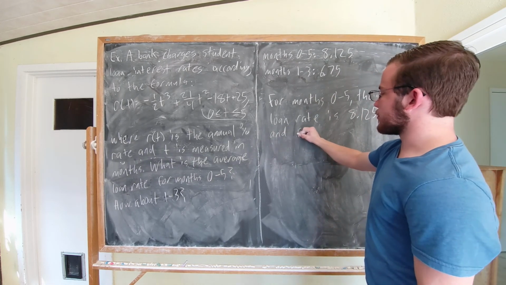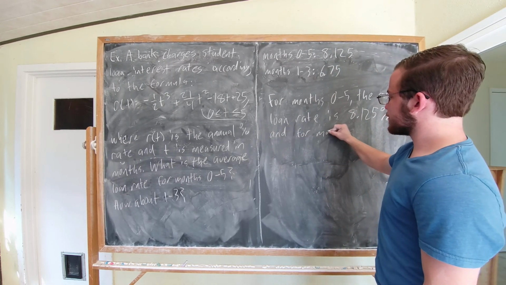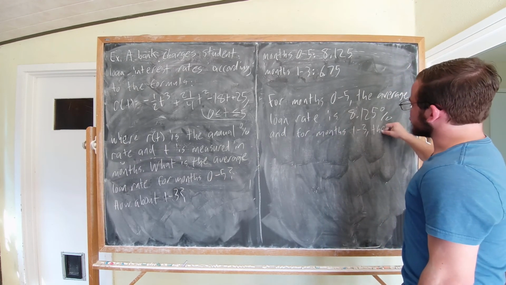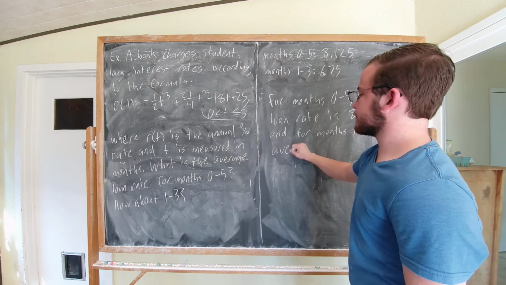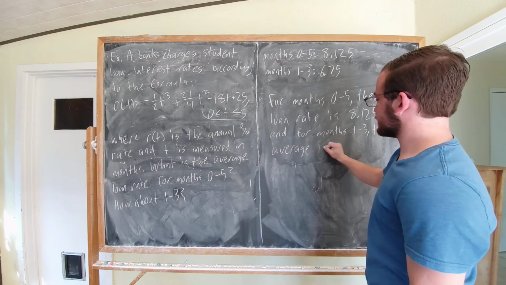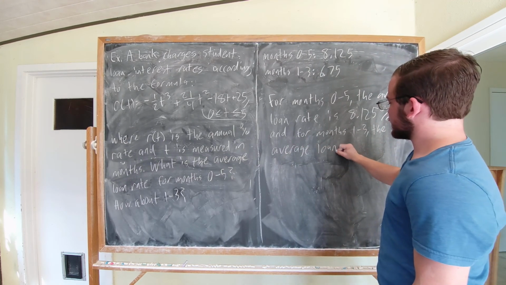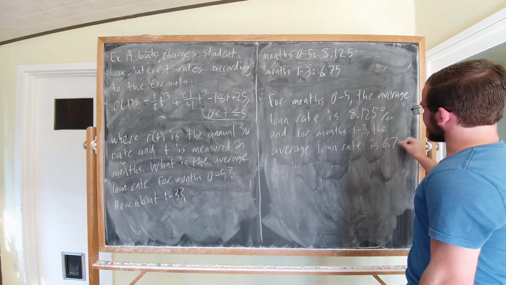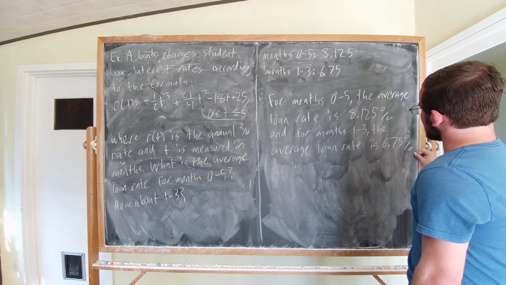And for months 1 through 3, the average loan rate is 6.75%.